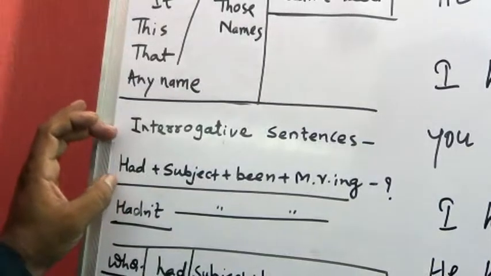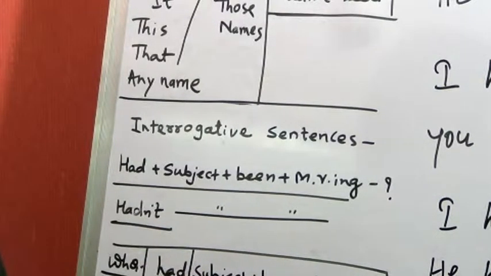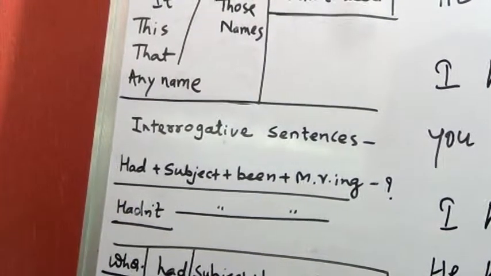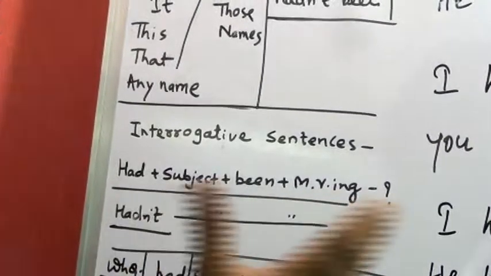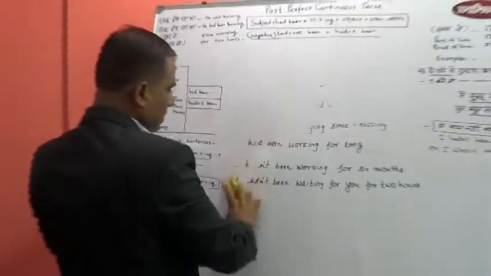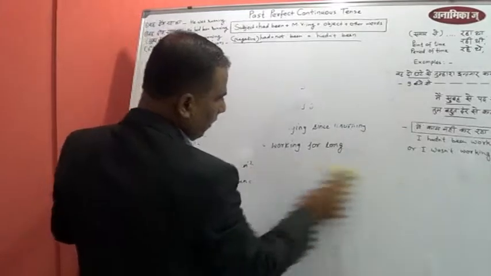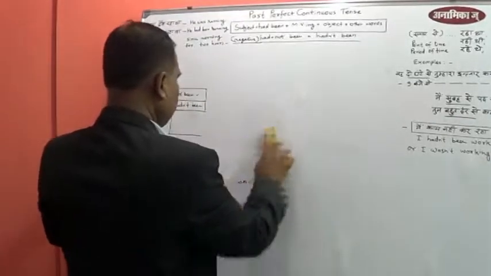So this will give us a question which is replied in either yes or no. So let's take an example so that we have a clear view of interrogative sentences in past perfect continuous tense.